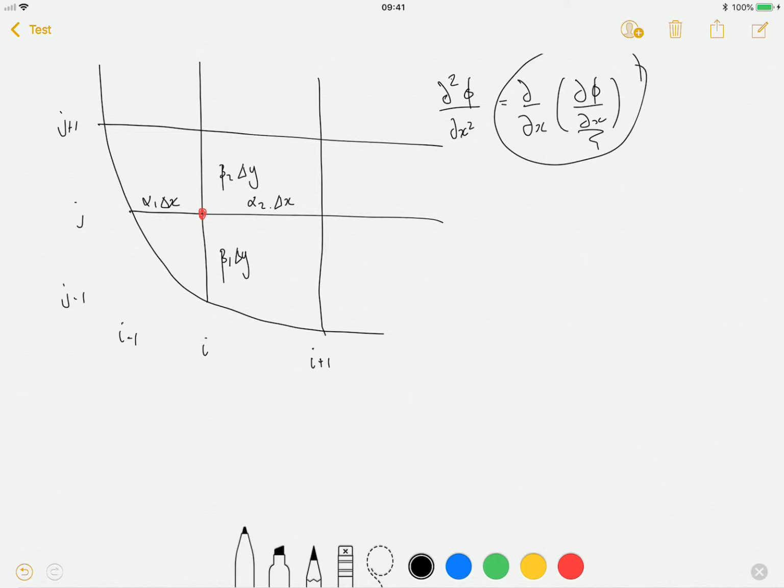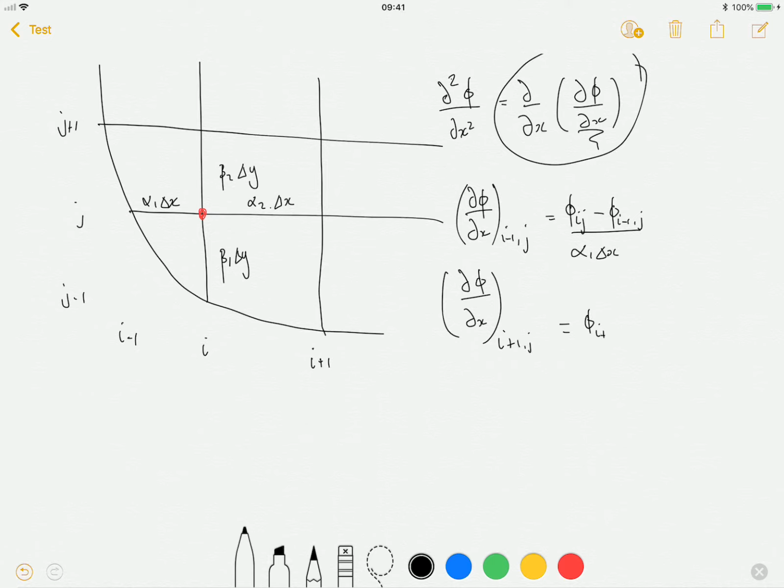So let's look at the forward difference, that is dphi/dx at i minus 1, j is equal to phi ij minus phi i minus 1 j divided by alpha 1 times delta x. And the same for dphi/dx in the backward difference, that is i plus 1, j is equal to phi i plus 1 j minus phi ij divided by alpha 2 delta x.